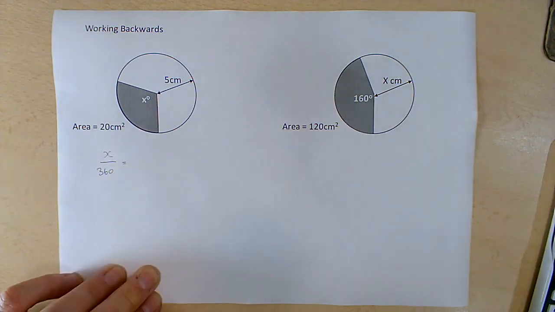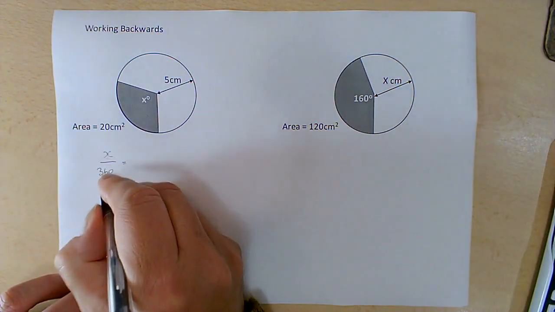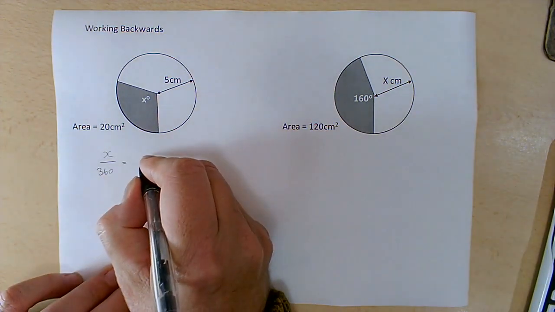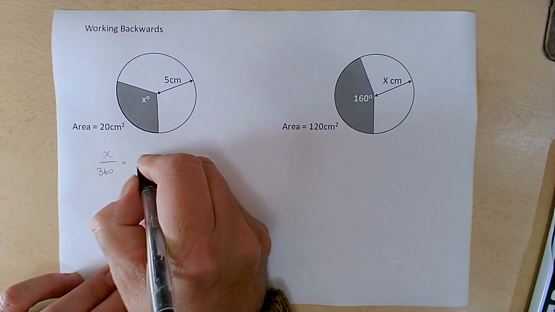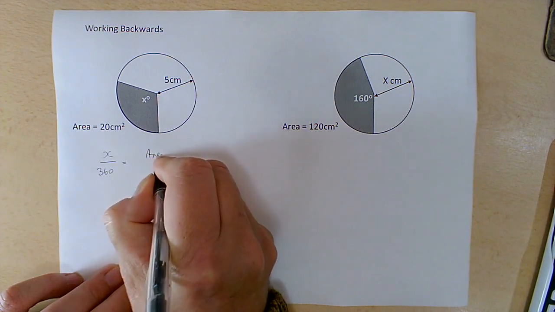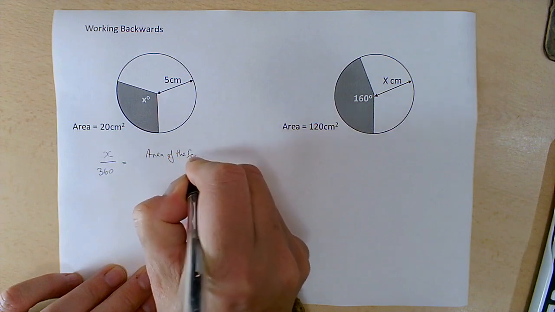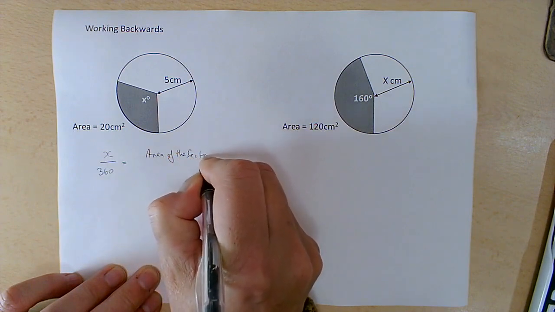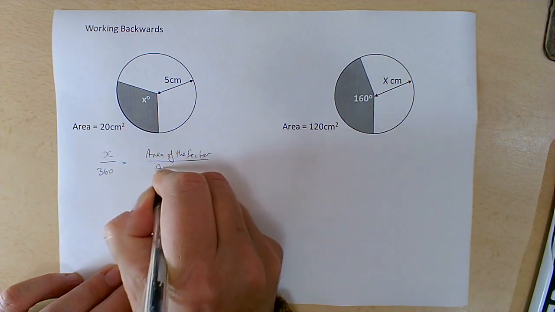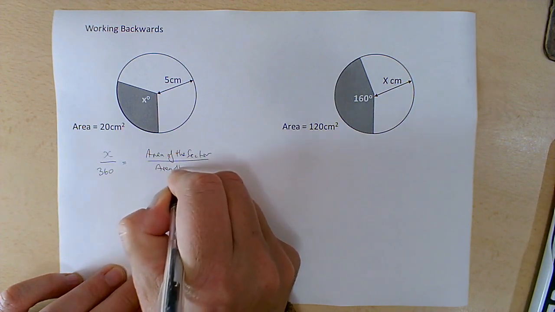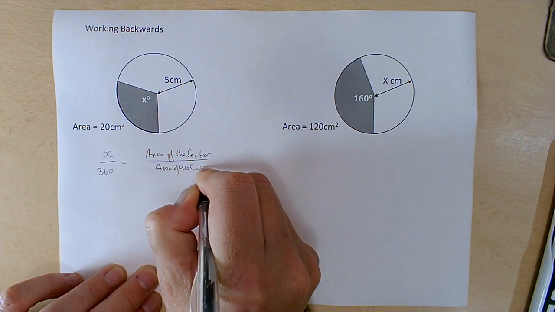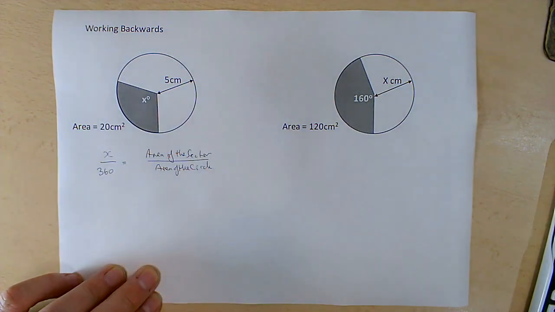So the proportion of the angle to the whole circle is going to be the same as the proportion of the area of the sector divided by the area of the circle, sorry, I said triangle.